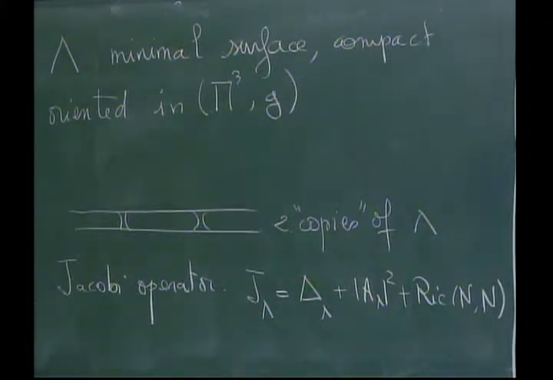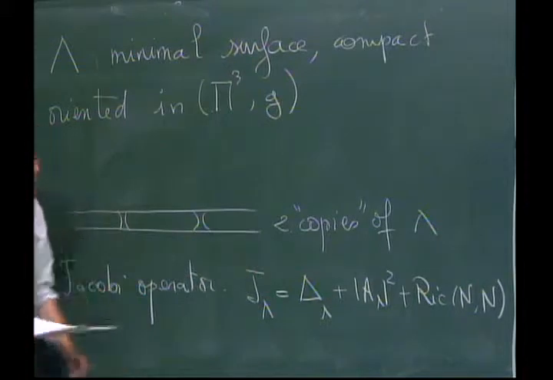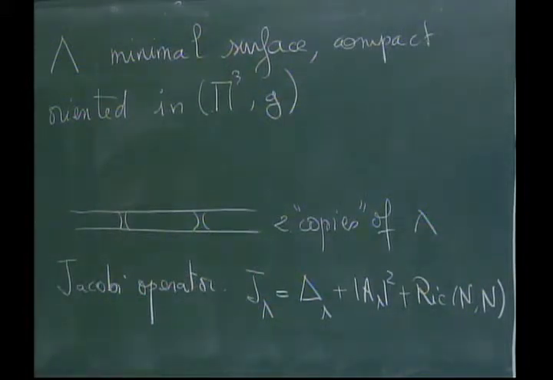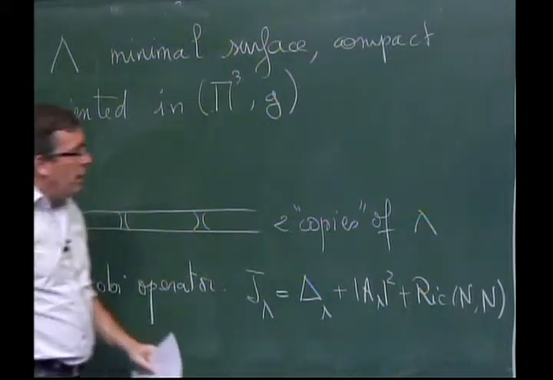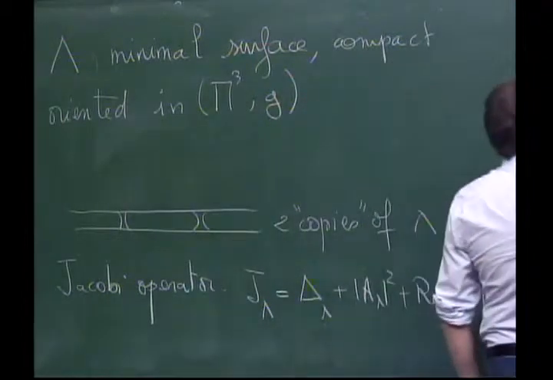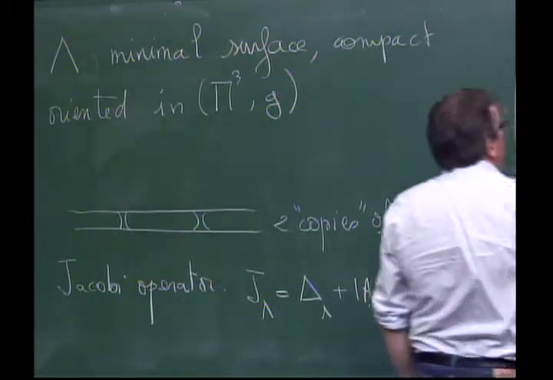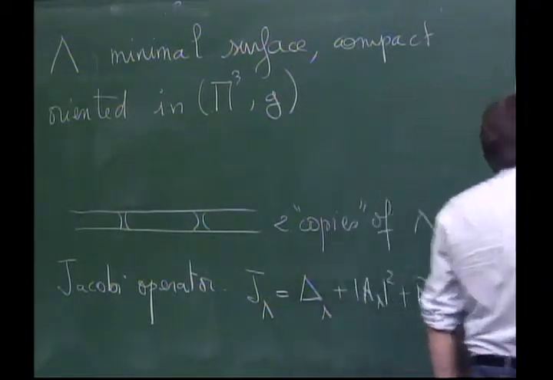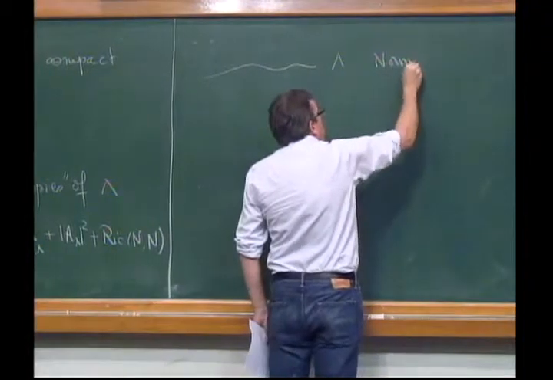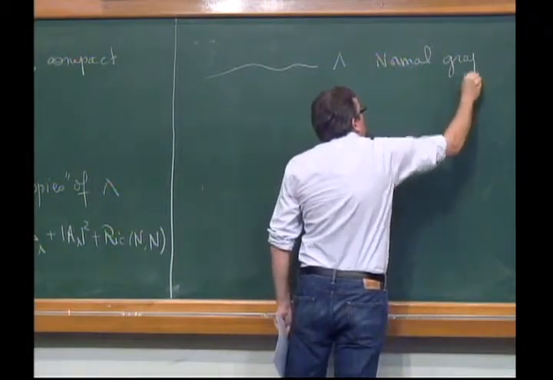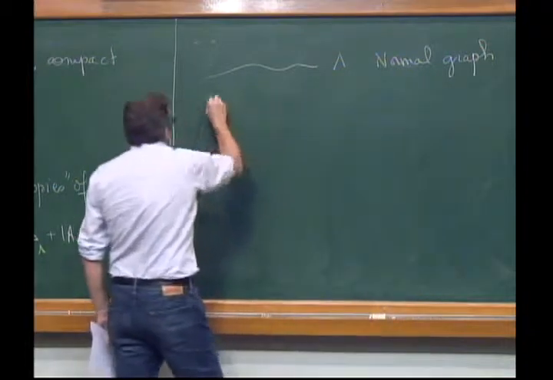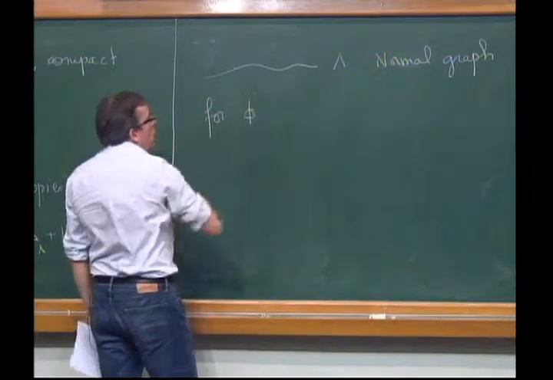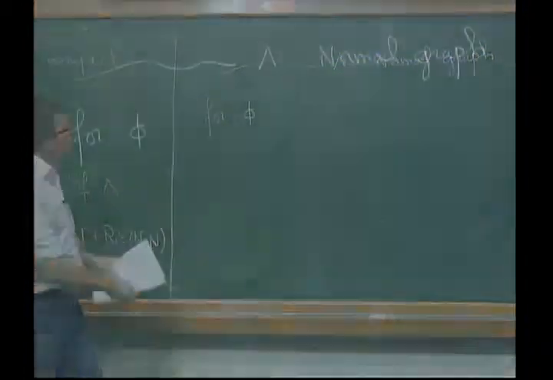This Jacobi operator arises when you look at the minimal surface lambda, and what you want to do is take a normal graph for the function phi over lambda.